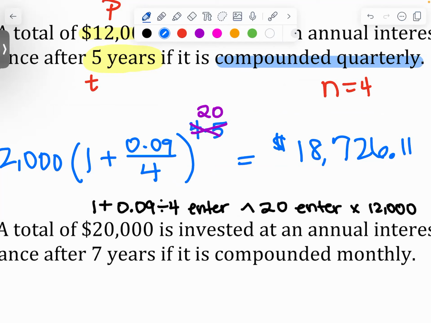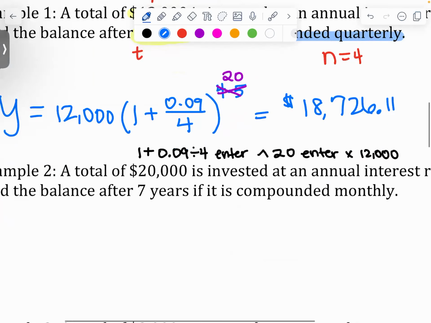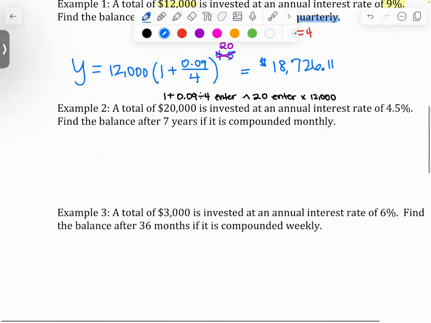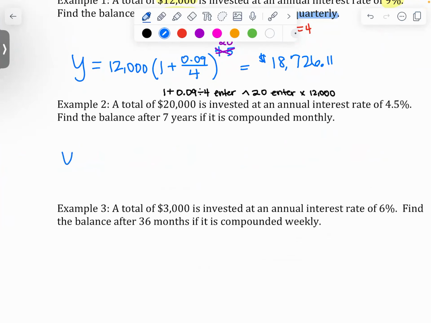Okay, so let's come down to example 2. In example 2, what is P? 20,000. What's our rate? 0.045.